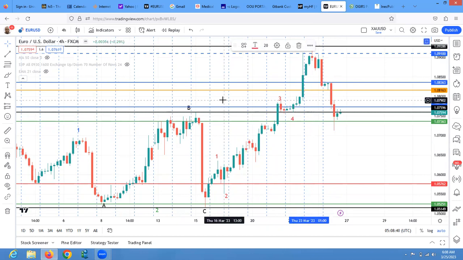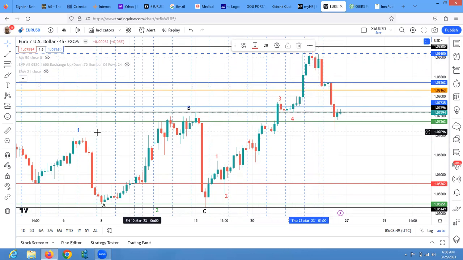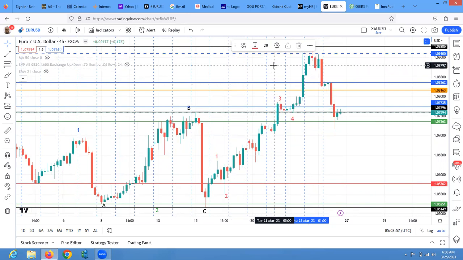So which finished that part of the possible wave 3 when this one is 1. So we are going to see more upside. That is what I'm seeing now. We're going to see more upside.